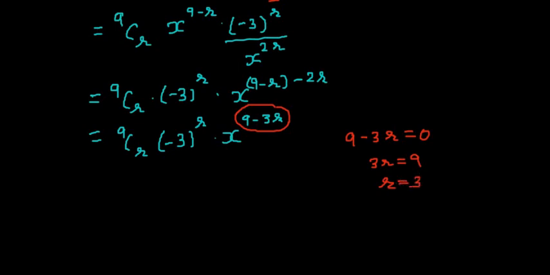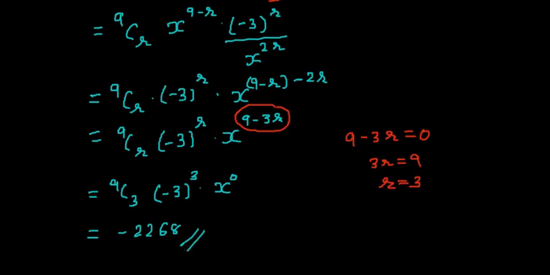So we fix r as 3: 9C3 into minus 3 raised to 3 into x raised to 0, and x raised to 0 is 1. Just by calculator we can get the values of 9C3 into minus 27. So we are going to get minus 2268 as the final answer. So this is the constant term in the given binomial.